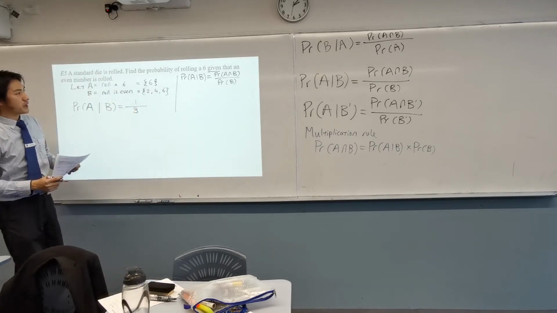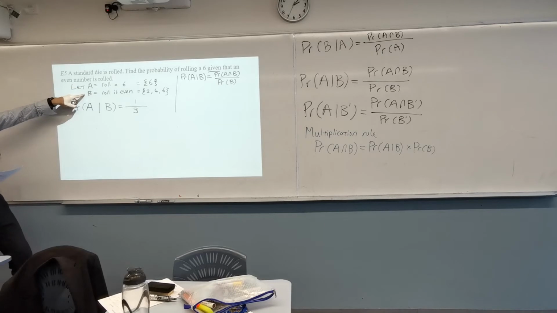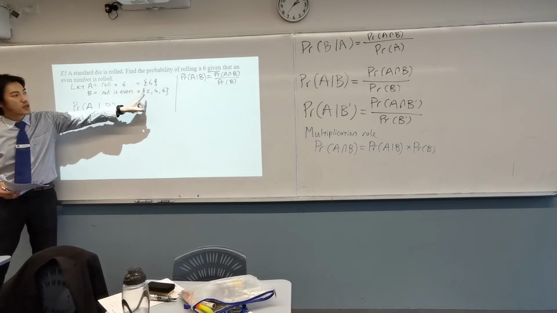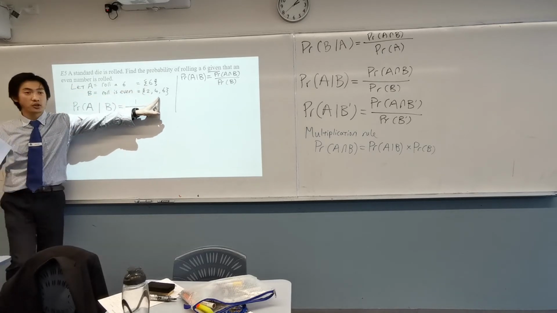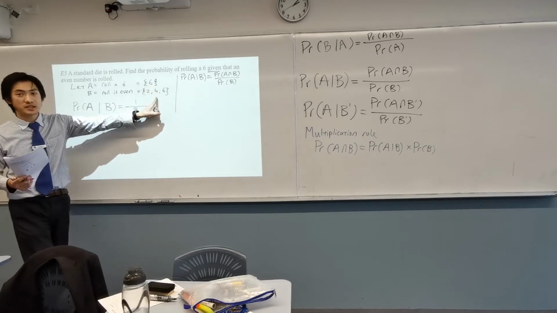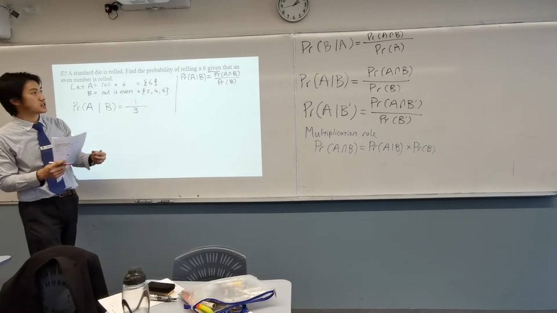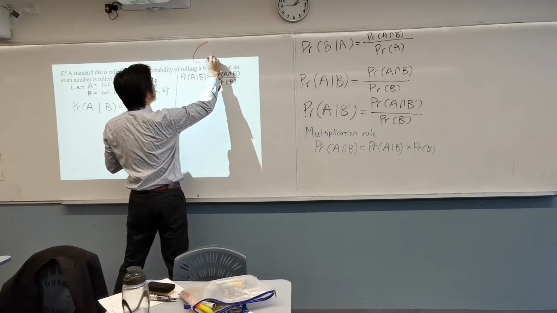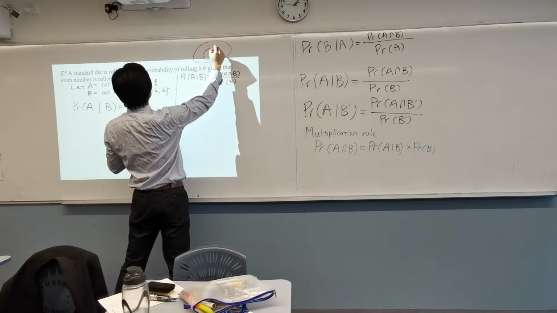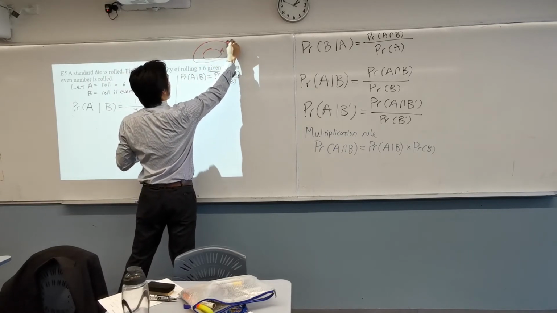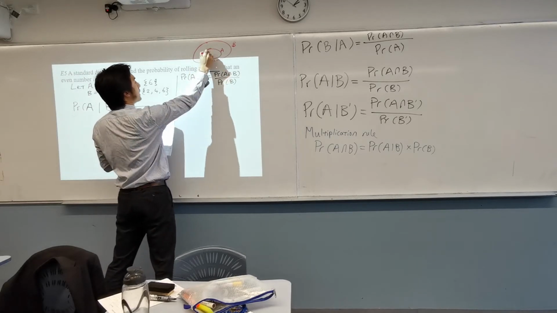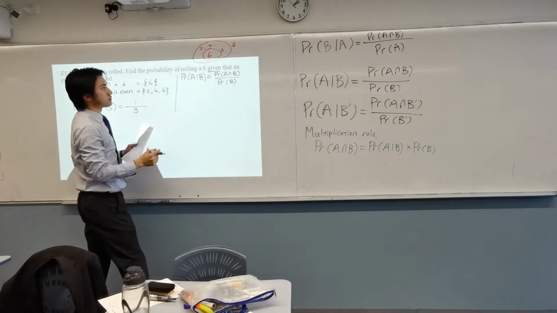The intersection of A and B: A is 6 and B is 2, 4 and 6. I hope you can appreciate that A is a subset of B. Can you see that? Yeah, A is a subset of B. So if we wanted to draw a Venn diagram with A and B, A is going to be on the inside, B is on the outside. It's 6, then 2, 4.